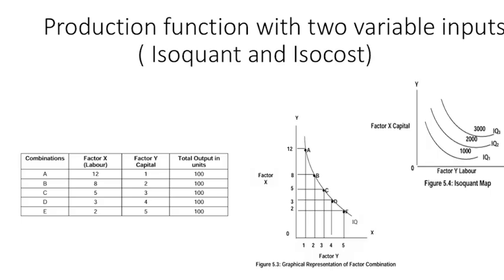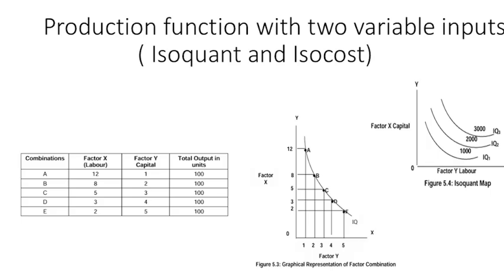If it comes down, we need fewer factor inputs. Here we can say the isoquant lines will never intersect each other. Isoquant means the proportion of the factor inputs to produce the same level of output.